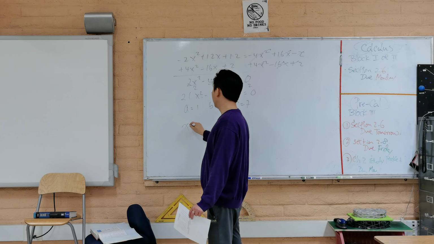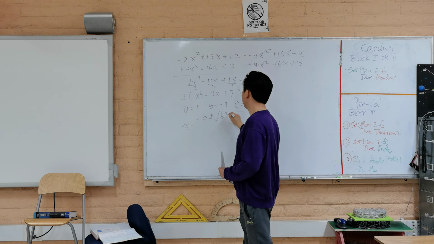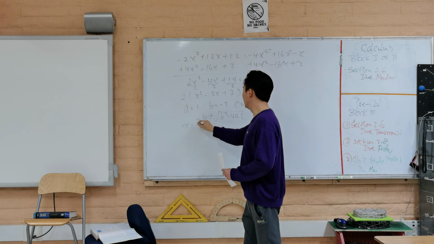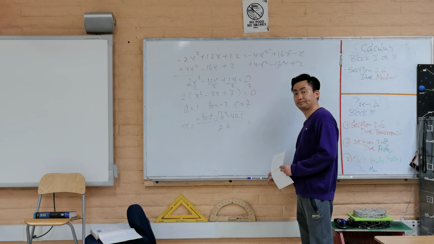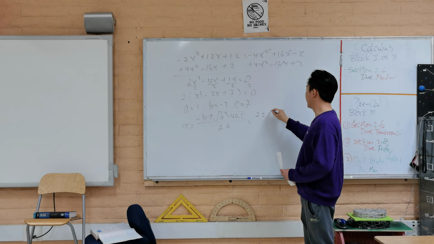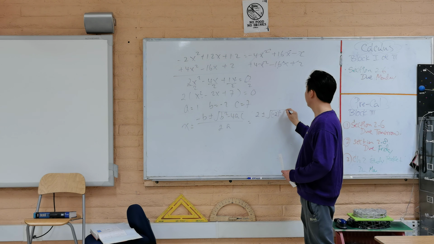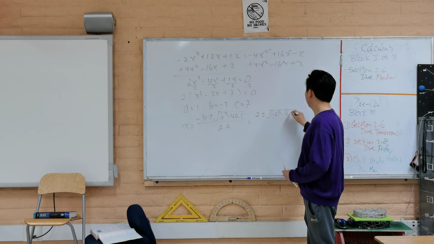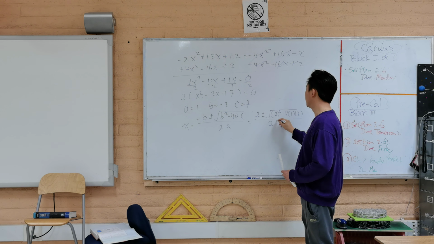So for the quadratic formula, we do have negative b plus minus square root b squared minus 4ac all over 2a. And then the rest of this, just plug in a number. So negative 2, so it's positive 2, plus minus b squared, negative 2 quantity squared, minus 4 times a, 1, and then times 7, and it's all over 2 times 1.